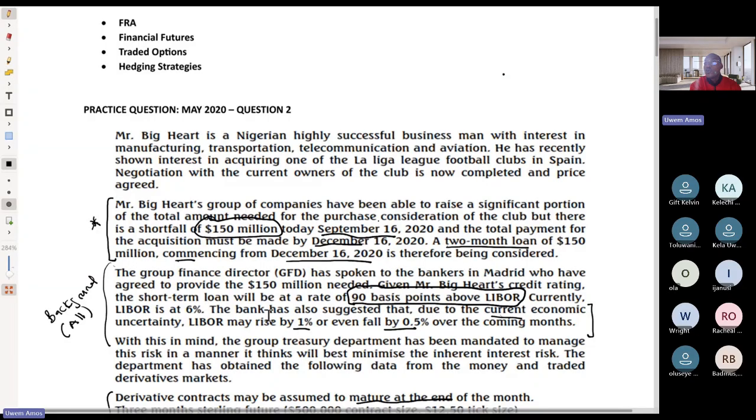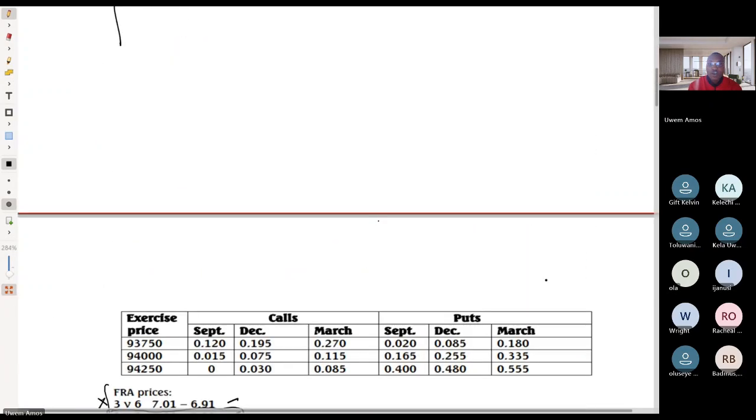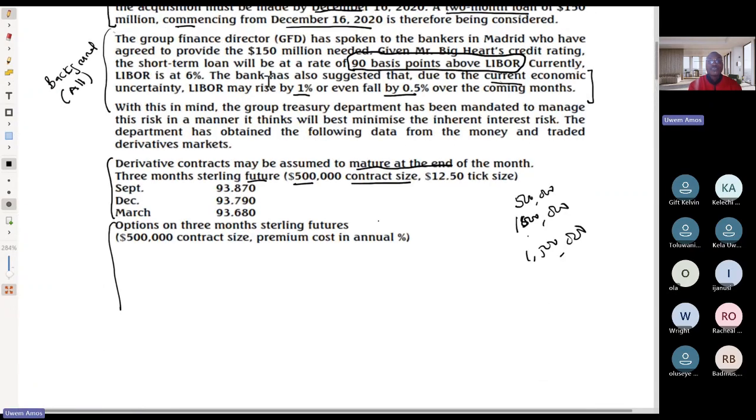So if they go to the futures market, they should buy a future that is still open on December 16th. So let's go to our futures market and see which futures they have and which one is open on December 16th. All right, so these are the futures.